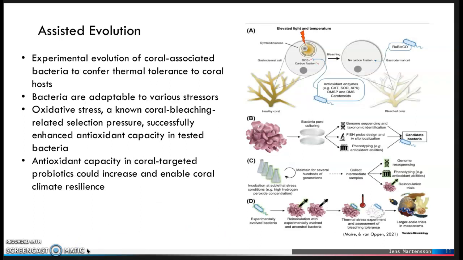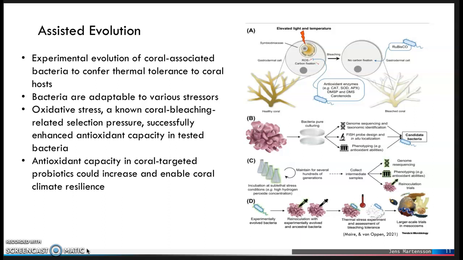So our final mitigation strategy we are going to be looking at is assisted evolution. Essentially, it's experimental evolution of coral-associated bacteria to confer thermal tolerance in coral hosts. As we know, bacteria are adaptable to various stressors. They have the ability to mutate very quickly due to their short lifespan and high reproductive rates.